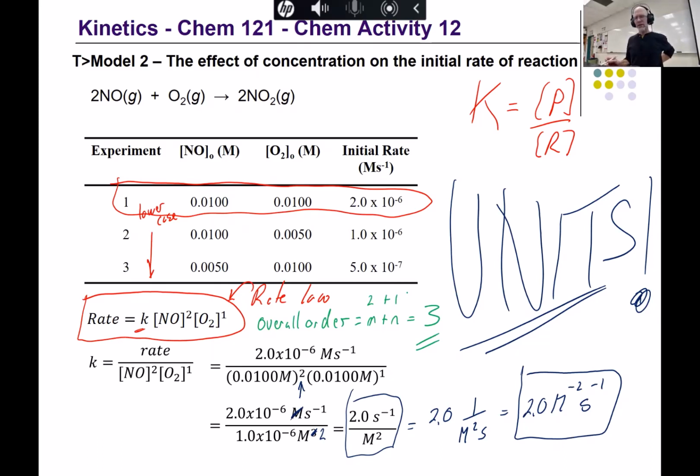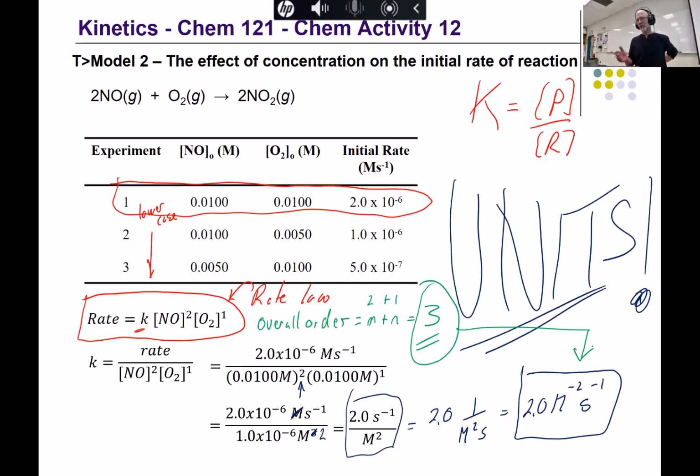Here's why we make that connection. Any reaction that has an overall order of 3 will have these units. I mean, the math just plays it out like that. It has to be. But what this means is, if you know the units, you know the overall order. If you know the overall order, you know the units. They are interchangeable.